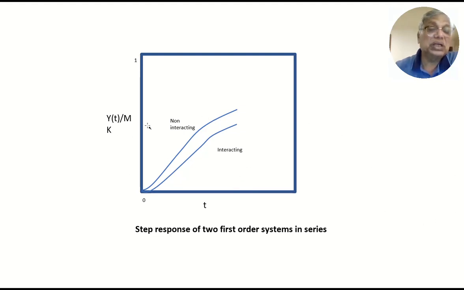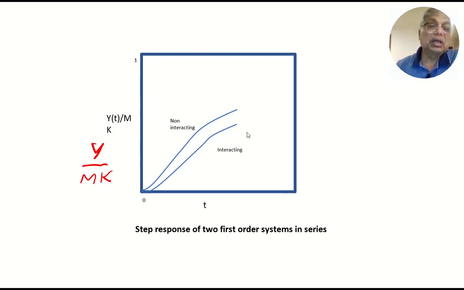This should be y(t) divided by mk. The y-axis is y by mk. Both m and k are in the denominator; it is shifted in the presentation.